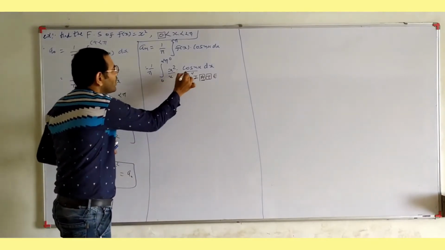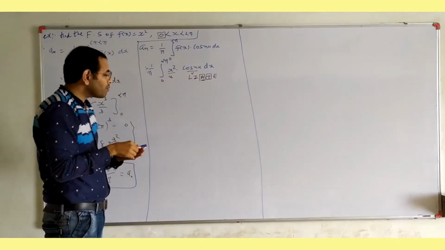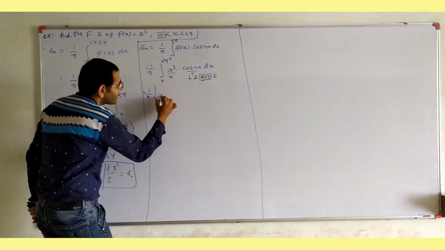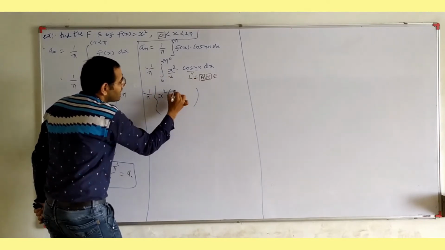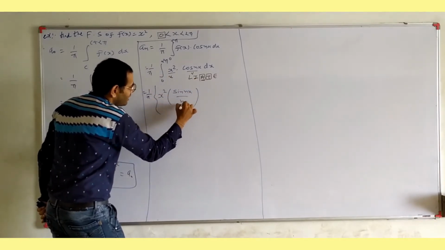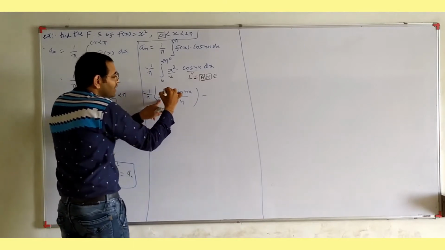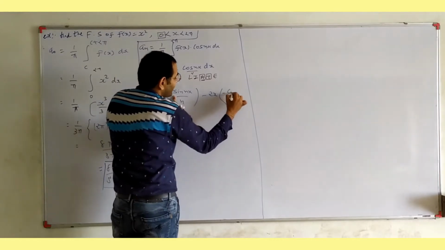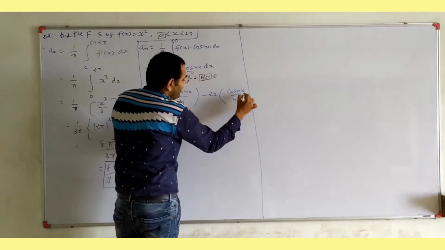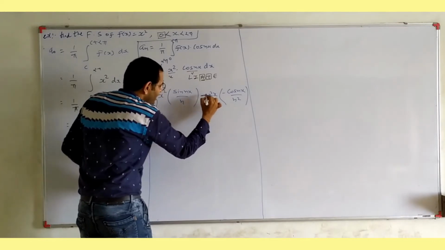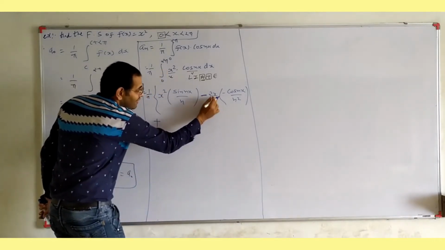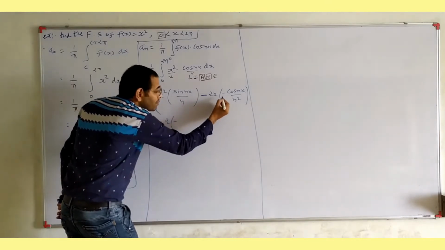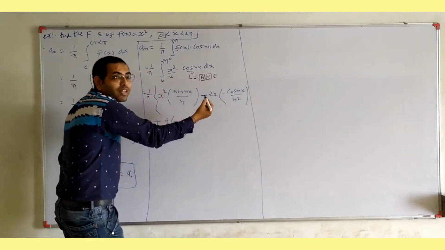Then with the help of Bernoulli's rule, u as it is times the integral of v, that is sin nx by n, minus the derivative of u, that is 2x, times the second integral of v, that is minus cos nx by n square, that is the sign formula again, plus the derivative of u, that is 2, times the integral of v, carried forward with sign.